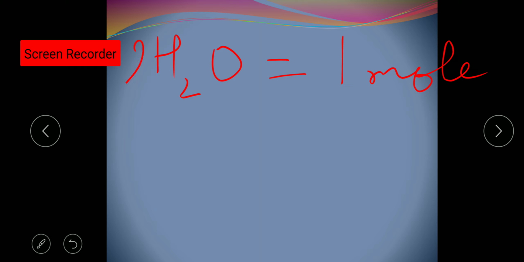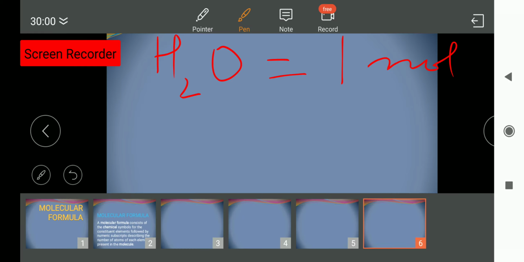If I am writing here 2, then it means 2 molecules of water. If I am writing here 3, then it is 3 molecules of water. So when there is no number in the coefficient form, coefficient you must have studied in maths, then the molecular formula denotes one molecule of that compound.